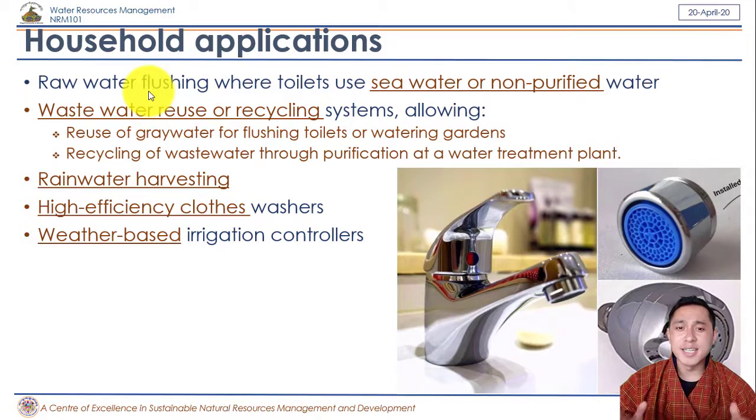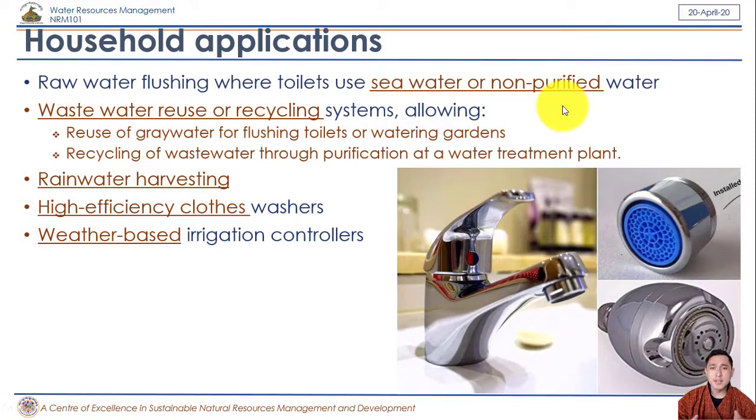And if we are residing near sea water or ocean, we can always use seawater or non-purified water for flushing the toilets, because flushing of toilets requires lots of water, and it's one of the areas where water loss is quite high.